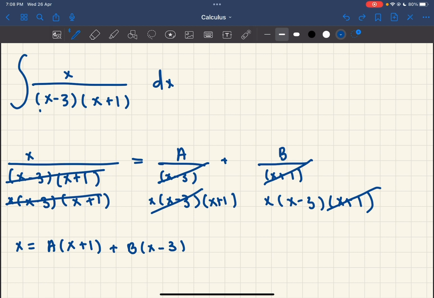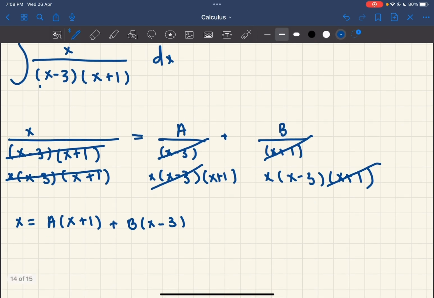We write the first bracket: x minus 3 equals 0, and we want to solve for x. To get rid of the minus 3, we add 3 on this side and 3 on this side, and then x is going to be 3.